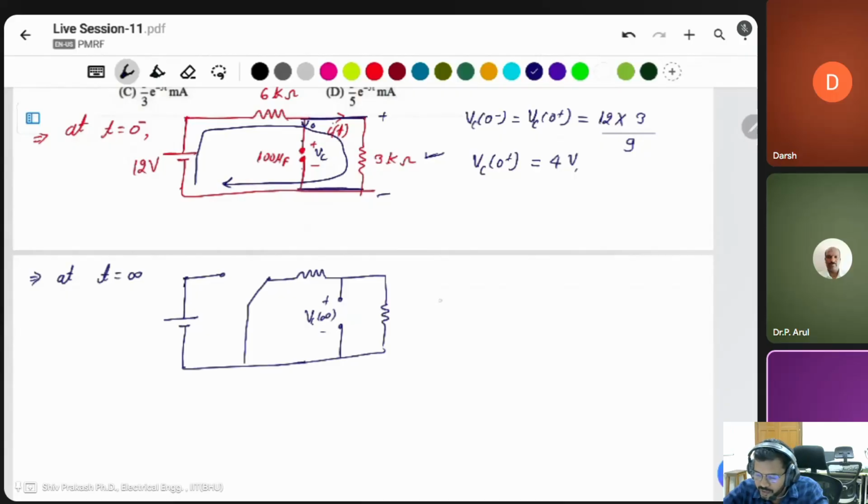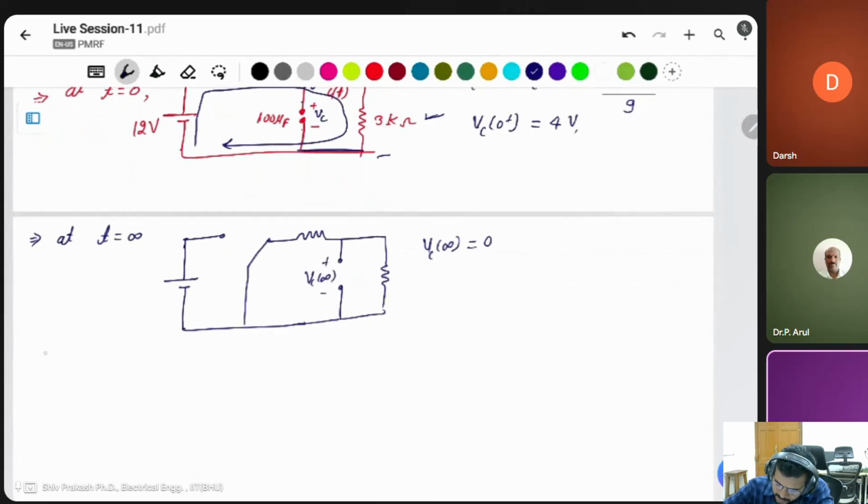There is no source, so you can directly write V infinity will be 0. Then what is Vt? You know this will be V infinity plus initial voltage minus final voltage into e to the power of minus t by tau.